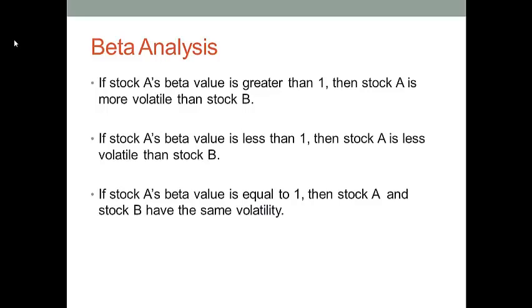When we compare stock A to stock B, and we find out stock A's beta value is greater than 1, that means stock A is more volatile than stock B. That means stock A's prices are more likely to change dramatically than stock B. If stock A's beta value is less than 1, then stock A is less likely to change dramatically than stock B. Of course, if the beta value is 1, stock A and stock B have similar volatility.